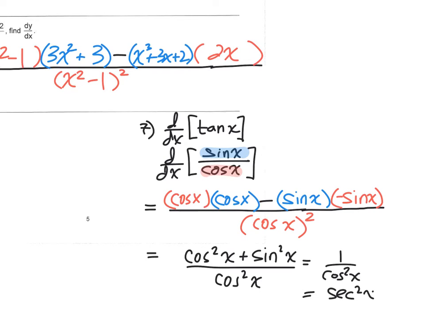Secant squared x. Now, I don't know if you remember, but as you were reviewing pages 1 to 3, one of those rules was that the derivative of tangent is equal to secant squared x. Also, we did this with the limit definition back in the last unit, and it was a nightmare. I'm generously saying it took up a quarter of a page, because you had to really write small.